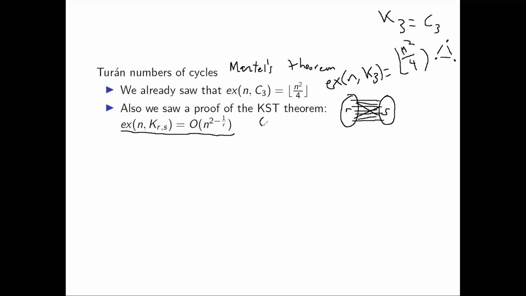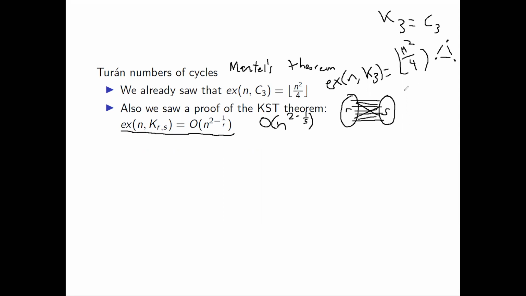By symmetry, we also have the upper bound big O of n to the 2 minus 1 over s. So we use the upper bound for the smaller of the two values. So if r is smaller, we use the upper bound n to the 2 minus 1 over r. And if s is smaller, we use n to the 2 minus 1 over s. And if they're the same, then these bounds are the same.